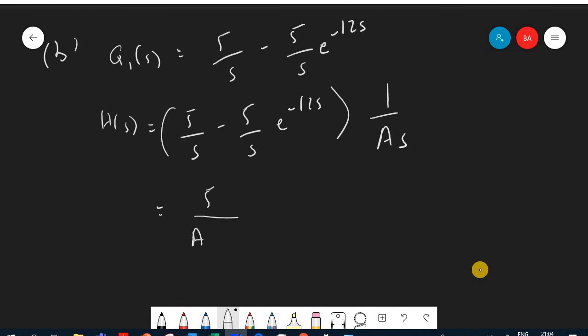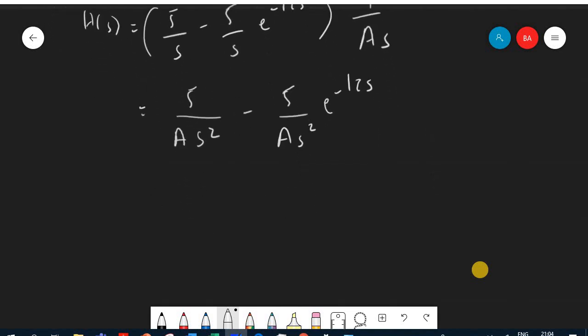So this will be 5 over A s squared, minus 5 over A s squared, e to the power minus 12s, and taking now the Laplace inverse, we are going to get 1 over s squared, which is t, so it's 5 over A t, minus 5 over A times (t minus 12).